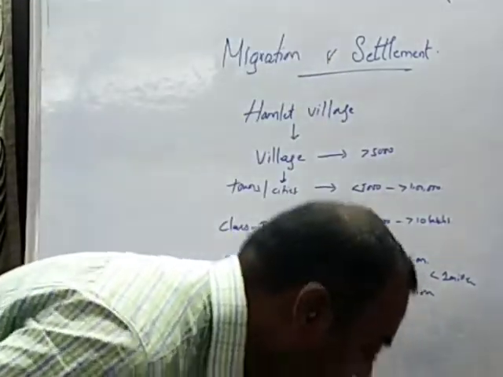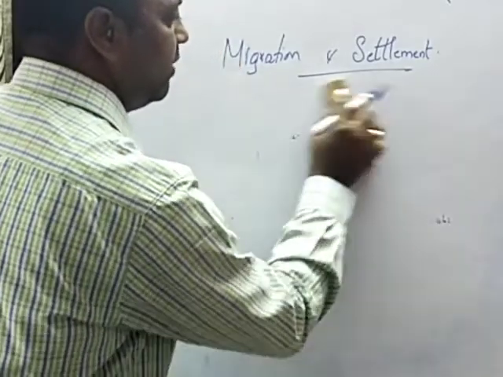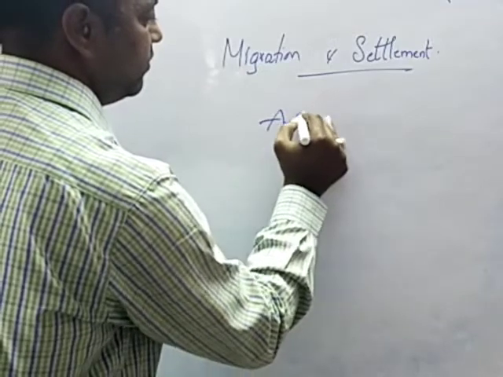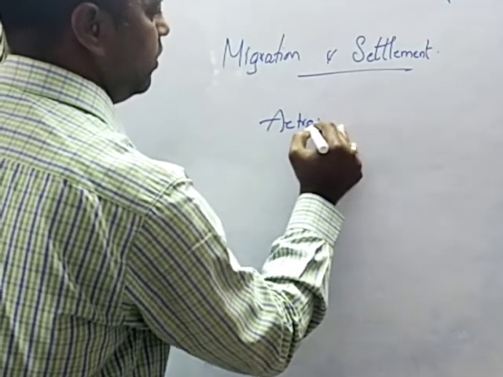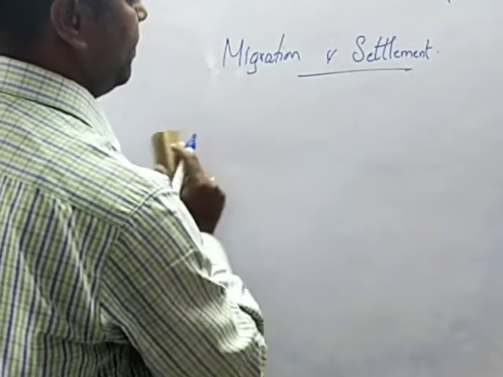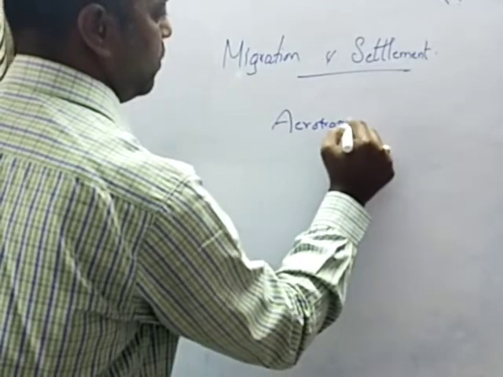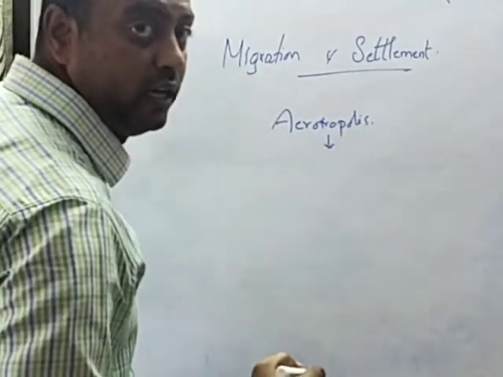The kind of settlements which are coming up nowadays around the airport, we call them aerotropolis, children. Do not forget this important thing. This is called aerotropolis. So these are the cities which are coming up around the airports.